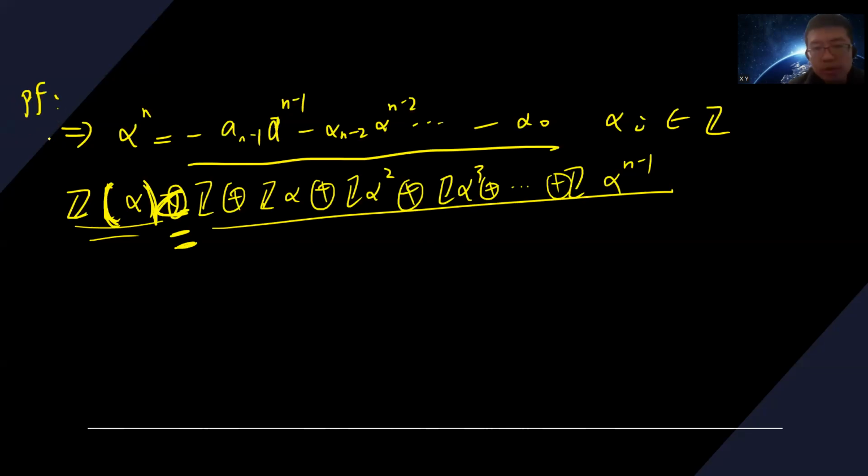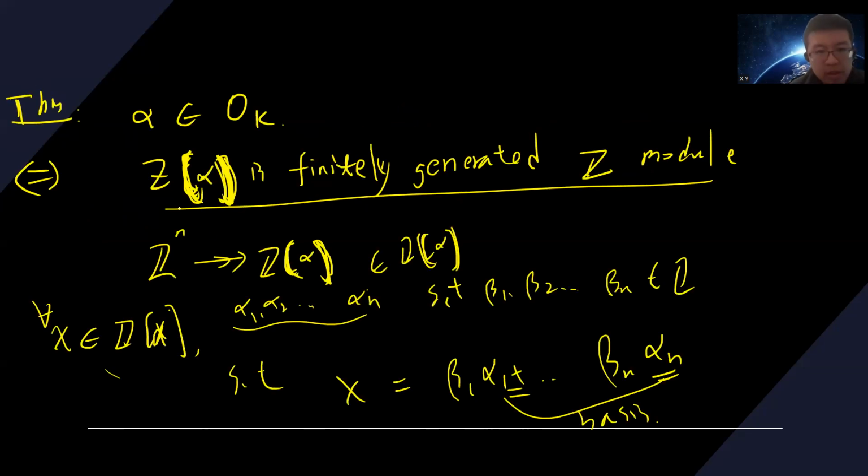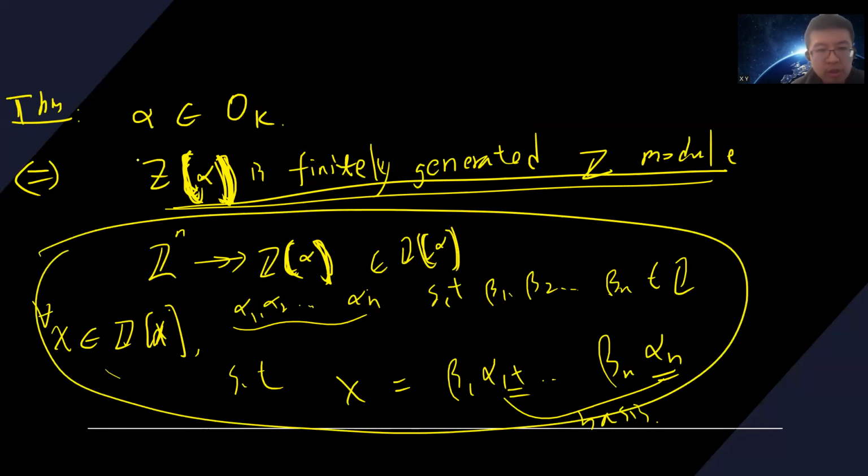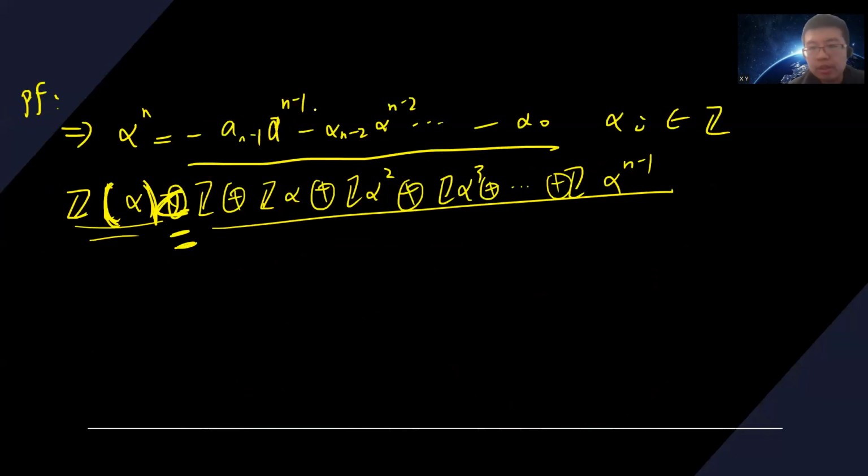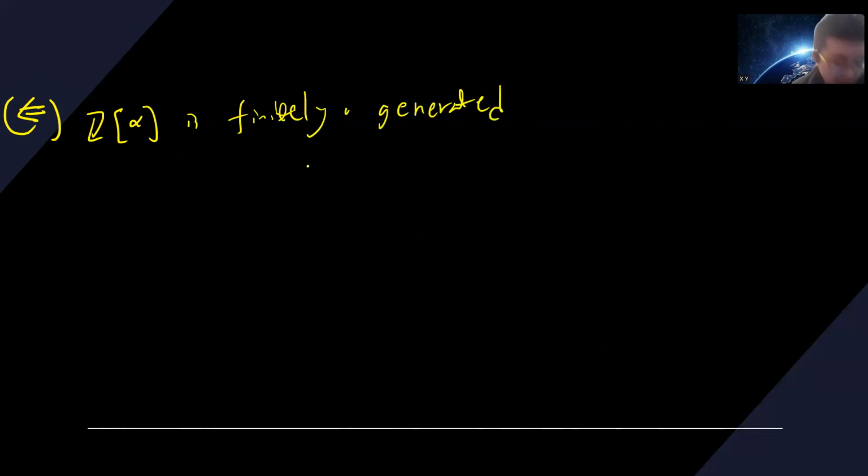In the other direction, we want to show that if Z[alpha] is a finitely generated Z-module, then alpha must be an algebraic integer. The proof is a little bit tricky. We can assume that it is finitely generated, so we can take the finite generators, each a_i a polynomial in alpha.